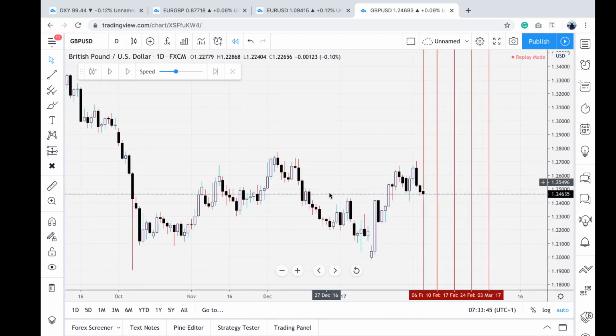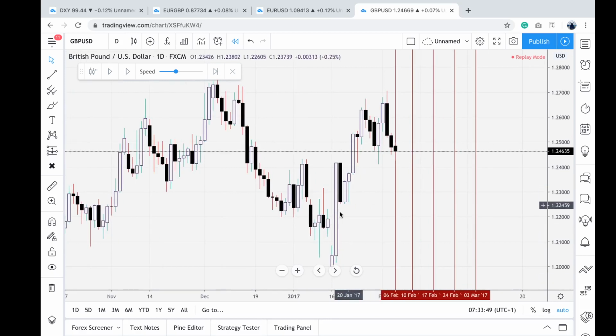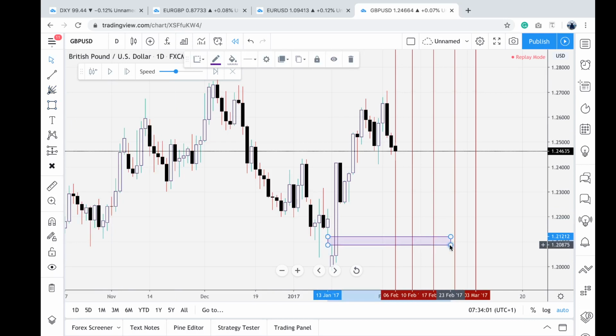Currently we're at a very premium level on this range. What I want to point your attention to real quick, guys, is that we've broken through this range. There's still a fair value gap that has not been filled here, a fair value gap that still hasn't been filled there on the British pound US dollar.